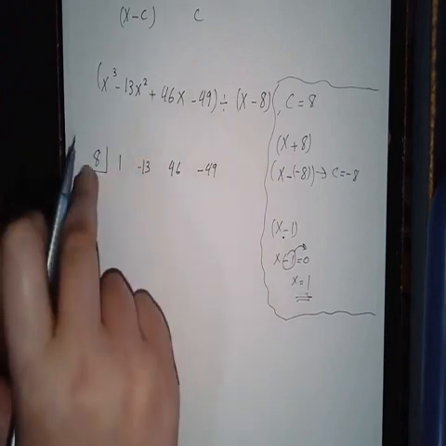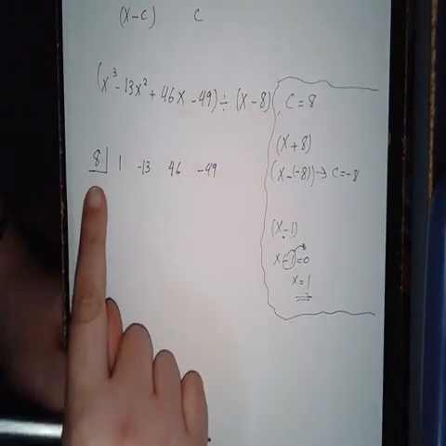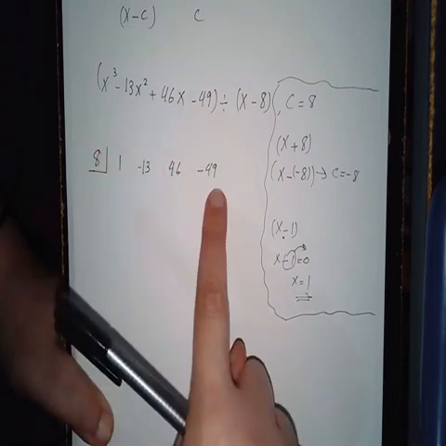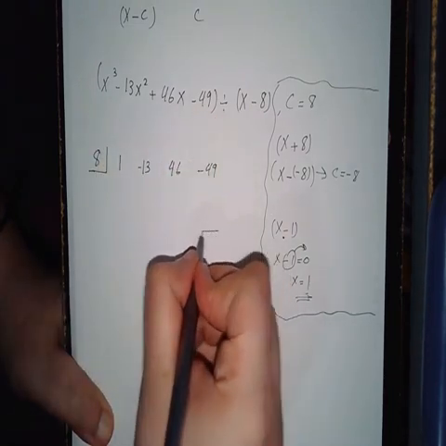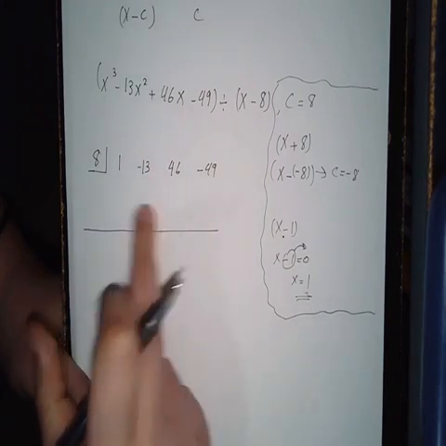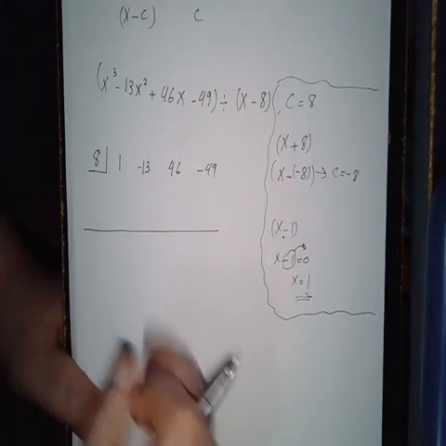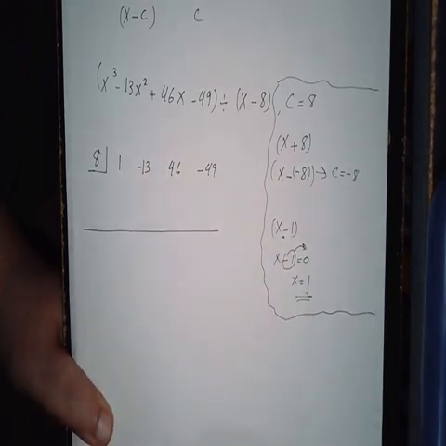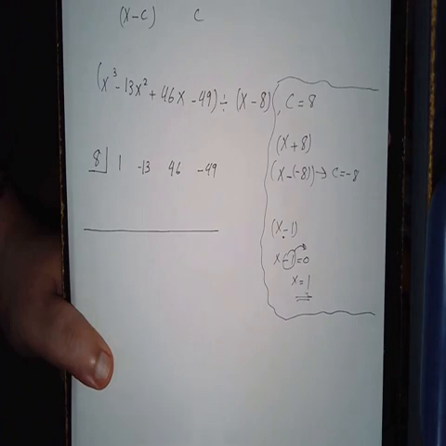So we wrote down the number in the divisor over here, and we wrote down the coefficients of the function itself over here. Now we start doing the synthetic division process. Next thing you need to do is leave a little room and then draw a line. The room needs to be enough that you can write another row of numbers.